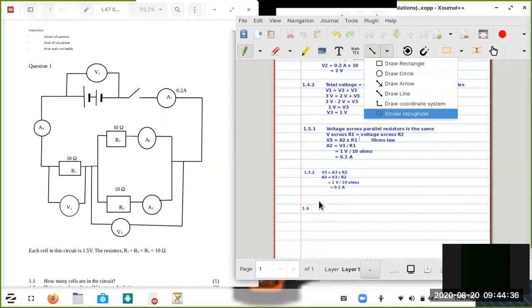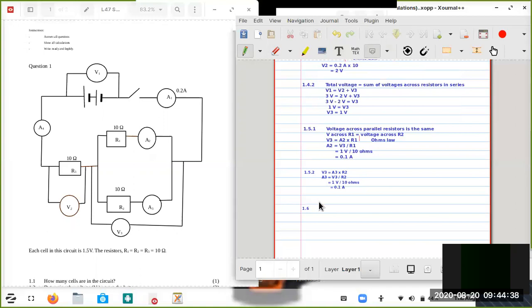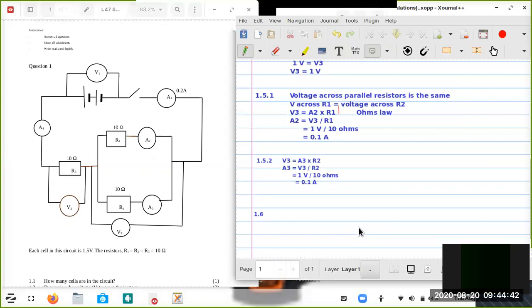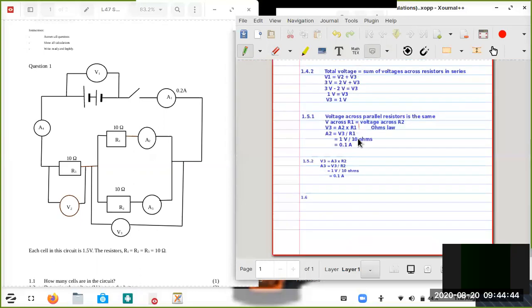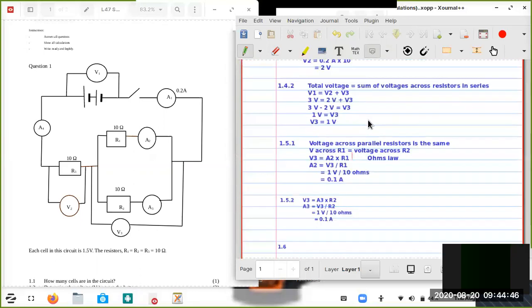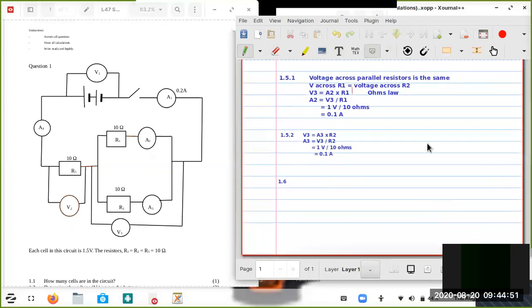Let me make it slightly bigger so that I can try my level best to write it clearly. So we say it's 1 over R total, that's the total resistance.